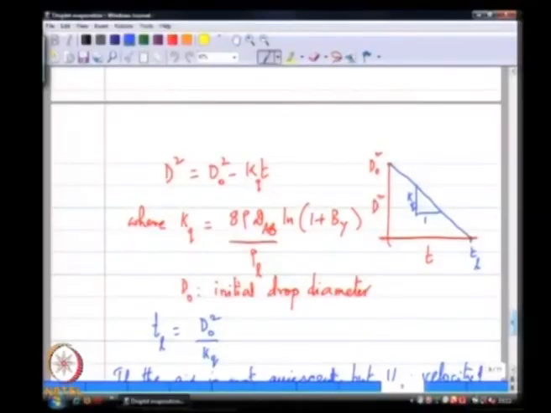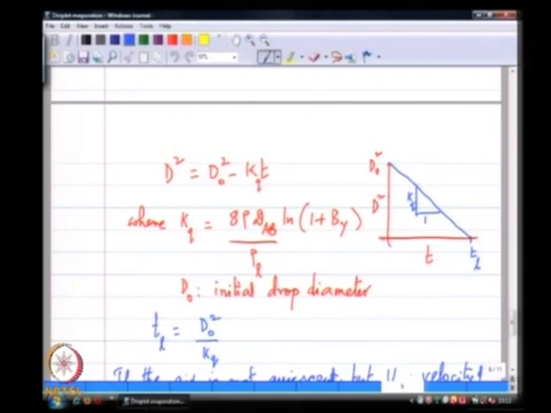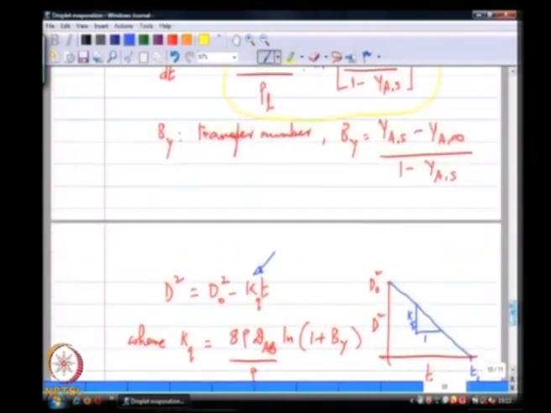At the end of the last class, we had derived the famous d squared law, where we showed how under quasi static conditions the square of the diameter decreases linearly with time, and the rate constant is given by this kq, which can be written explicitly in this form, where B is a transfer number, based on the difference between the mass fractions at saturation and the mass fraction at infinity, which is in the ambient.